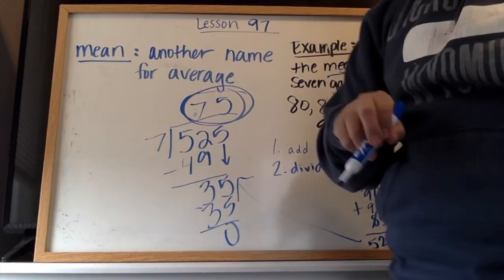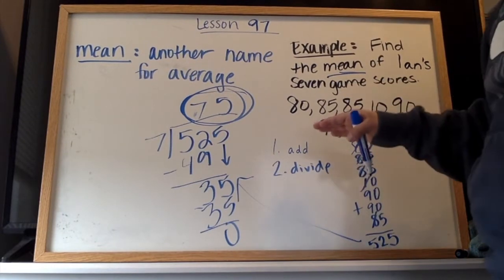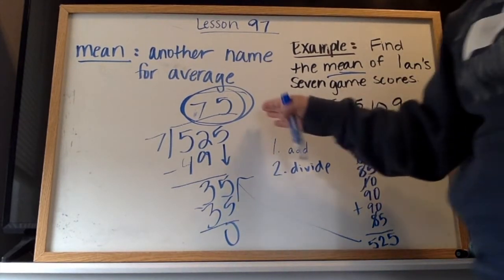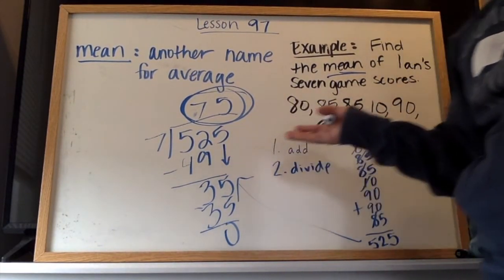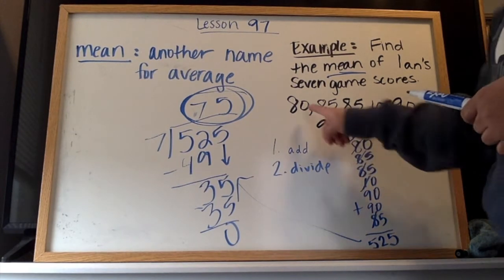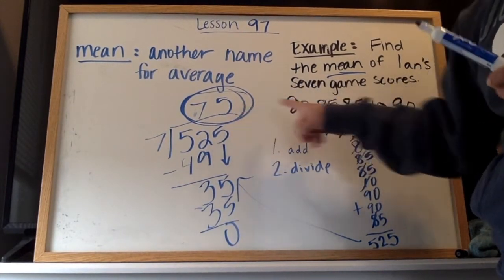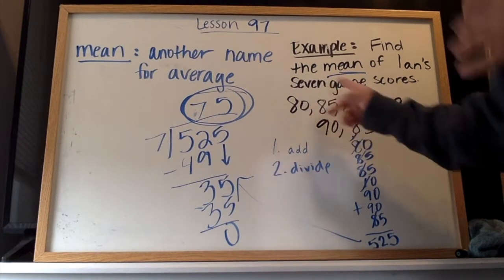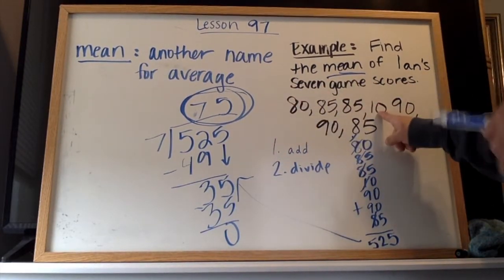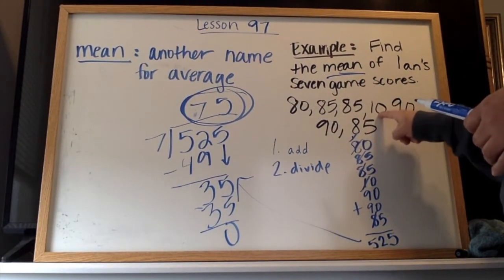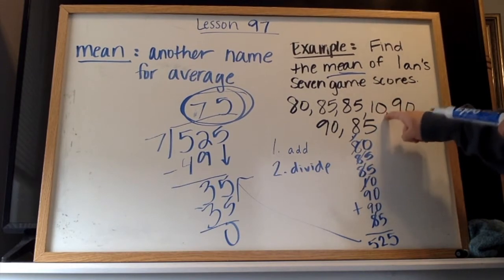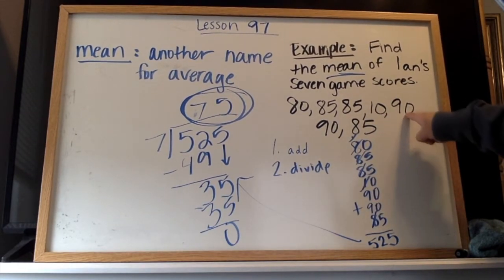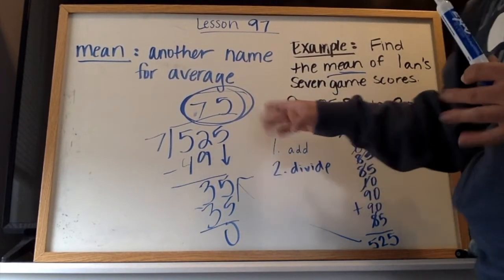Now, if I look back at my scores, I'm going to make sure that 75 seems reasonable. I've got 80, which seems close. 85, 85. 10, no, that's not close at all. But 90 and 90 don't seem that close either.